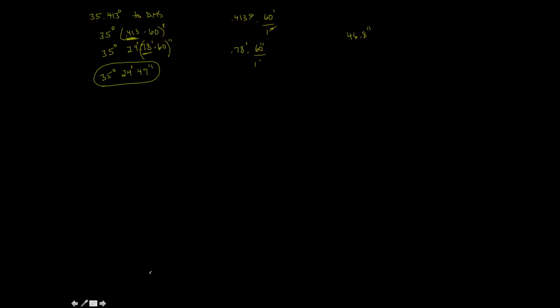Now the other part of section 1 has to do with angles and arcs. So let's say we have this circle here. This is point R, and this is point Q. Point R, point Q, and we're going to say point P is the center of that circle.